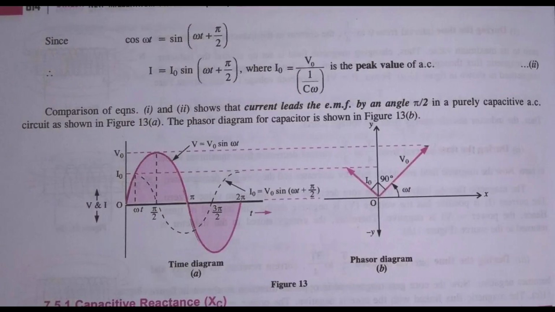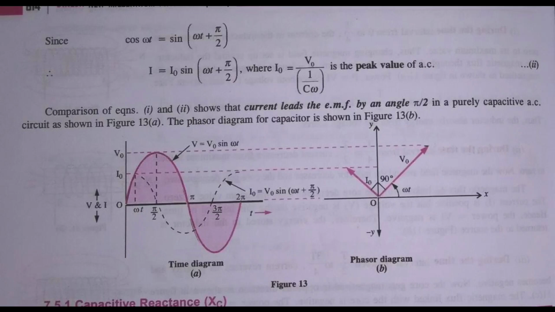Now we can change cos omega t into the form of sine so that it is easier for us to compare the equation of the current with the voltage, so that we can draw the phase diagram. That is, sine omega t plus pi by 2. So the final answer for the current is I is equal to I naught sine omega t plus pi by 2.